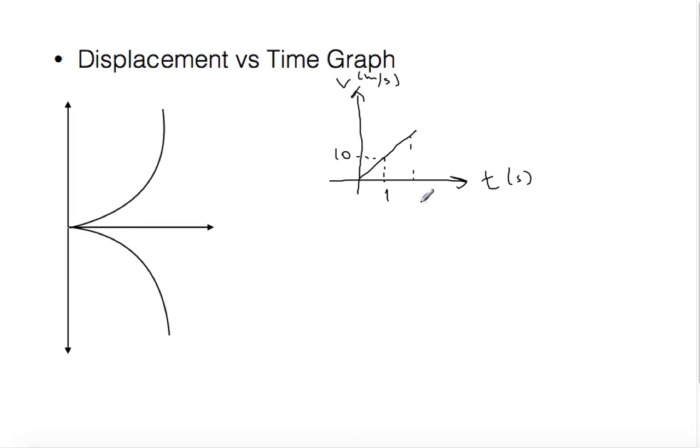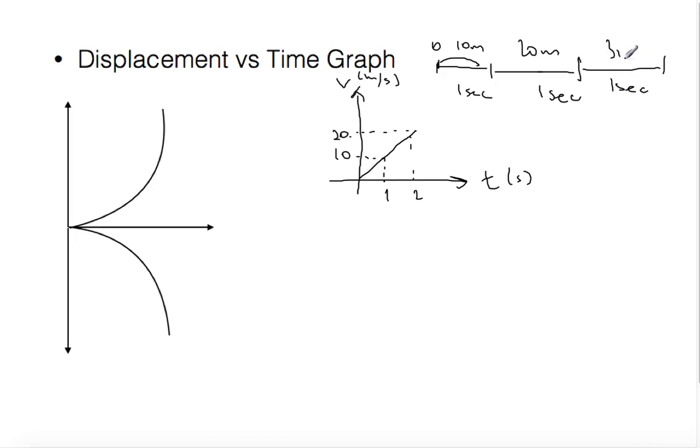When time becomes 2 seconds, it takes 20 meter. So if we need to draw it, at the beginning the object is constant. In 1 second, it takes 10 meter. 1 second more, it takes 20 meter. 1 second more, it takes 30 meter. Here you see the distance taken increasing much more than time.